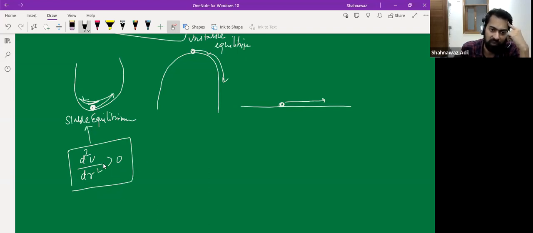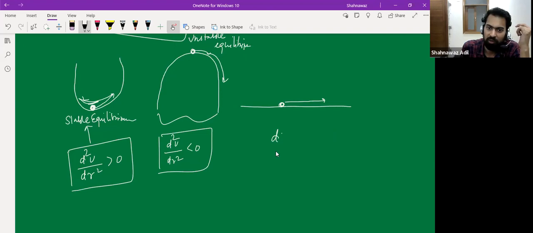If you have been given some form of U(r), you have to calculate first, and this case is represented by d square U by dr square. So these are the cases of the stable, unstable, and the neutral equilibrium.